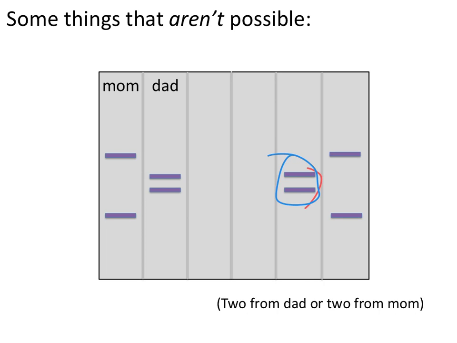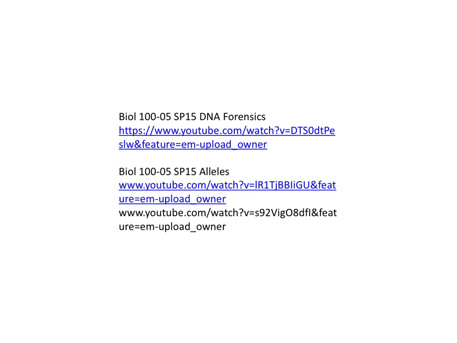Okay? They would share the exact same bands. So dad has an identical twin, right? But that could never be the dad's baby unless mom had a band at the same place that dad had a band as well.